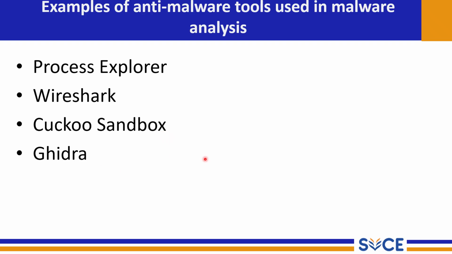It's a popular automated malware analysis system that allows researchers to run malware samples in a controlled environment and observe their behavior. Cuckoo Sandbox is an automated open source dynamic malware analysis system, and it executes suspicious files in an isolated environment to observe their behavior and gather information about their malicious activities.